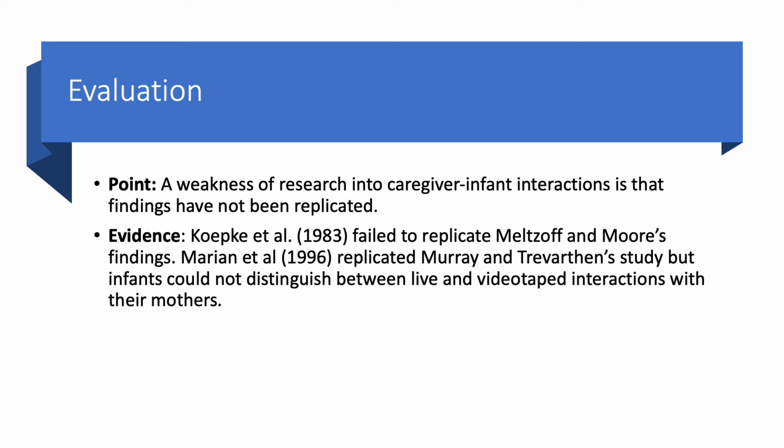Merriam et al. replicated Murray and Trevarthen's study, but infants could not distinguish between live and videotaped interactions with their mothers. Merriam et al. found that the infants weren't distressed when they realised that they weren't getting the attention of the mother. So basically, the findings of previous research haven't been replicated.